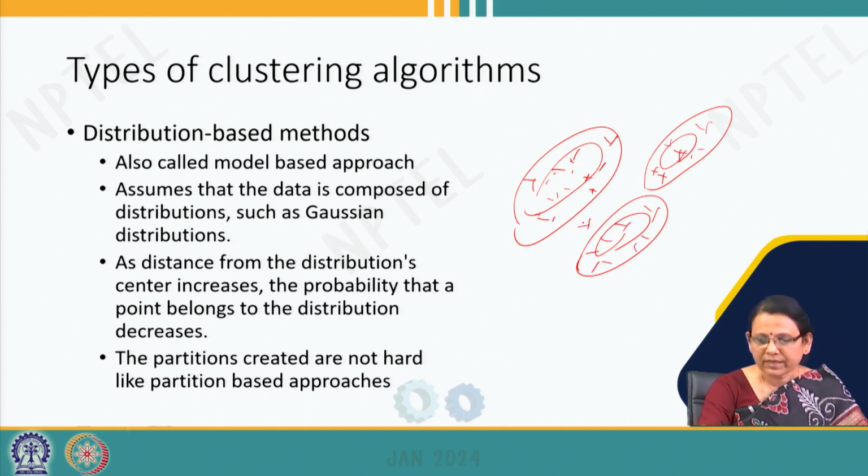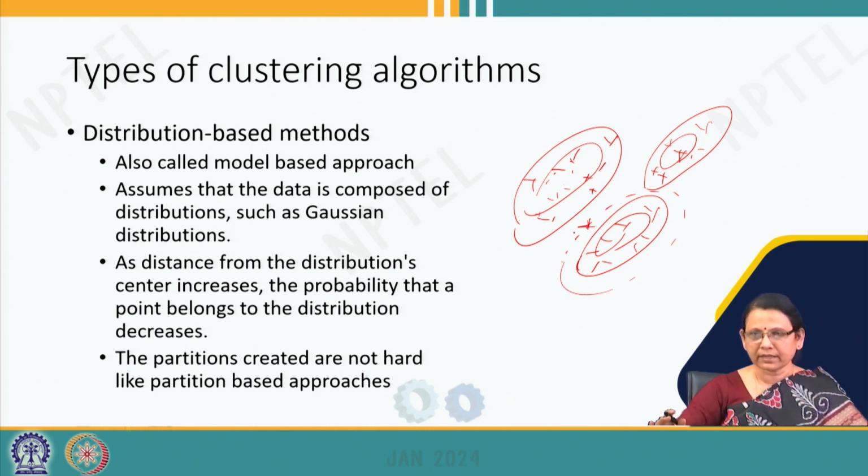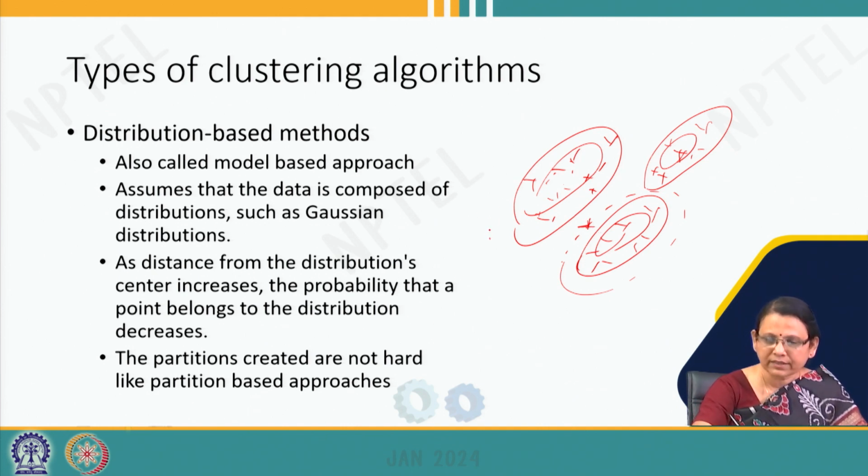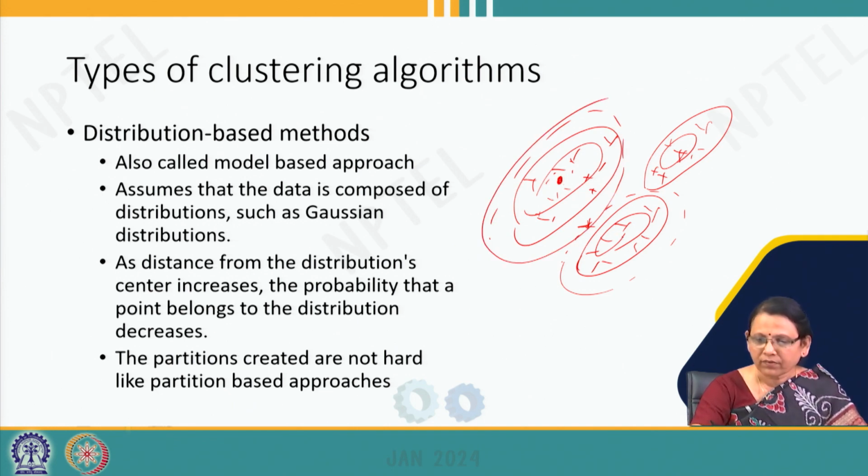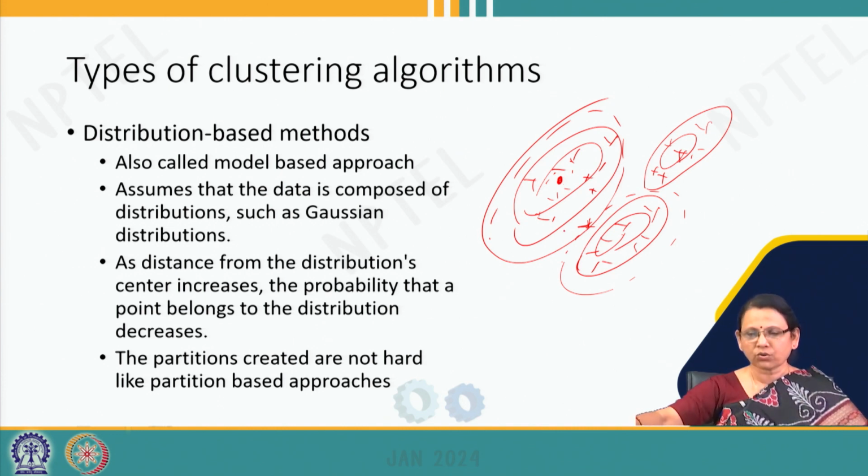Now, look at this. If we have this at some point this may belong to this distribution as well. As we go away from the mean, maybe probability of being included in this is less, but there is some probability. Similarly, this can also be part of this one, and a point like this one can be part of this cluster as well, because if we look at the spread of this, and if this is Gaussian, it can go to any extent.